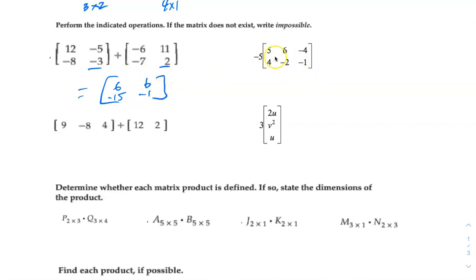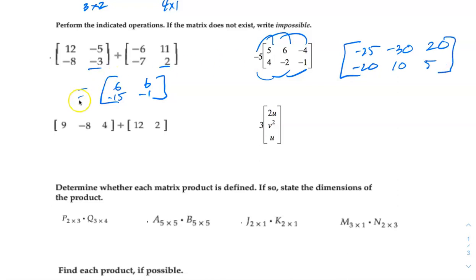Same thing here. We just distribute that negative 5 to every single thing in the matrix. I get negative 25, negative 30, 20, negative 20, 10, 5. Over here now, you can only add corresponding parts. So in this case, we're going to have an issue because the 9 goes up to 12, and the negative 8 goes up to 2, but the 4, that guy?